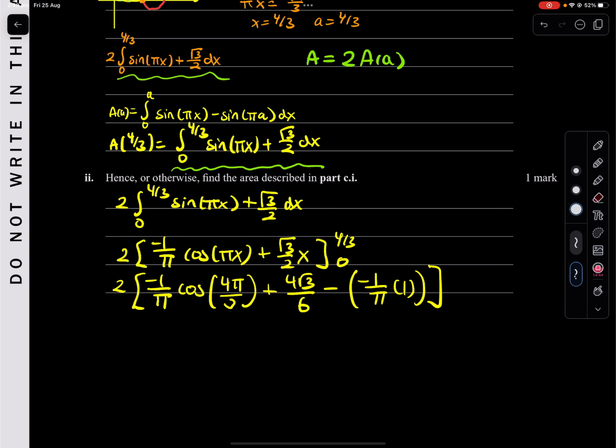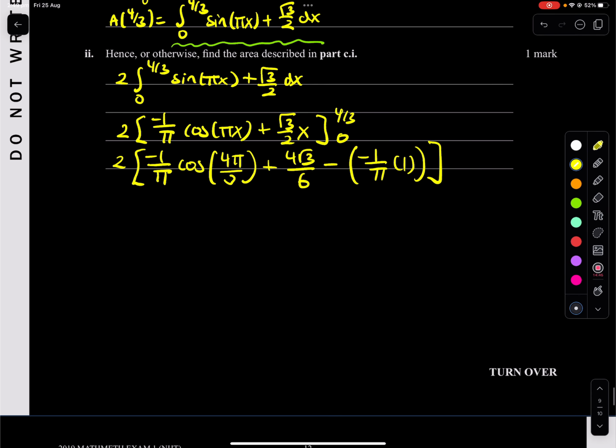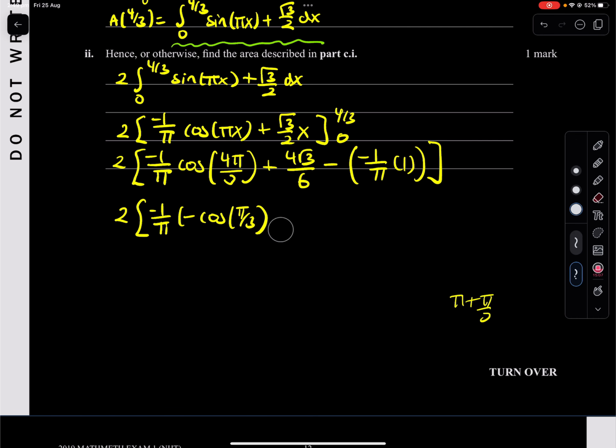Alright, let's simplify this. It'll be 2. So, okay, pi plus pi on 3, it'll be negative, so this will be negative pi, negative cos pi on 3. And remember, pi on 3, it'll be half, so negative half.